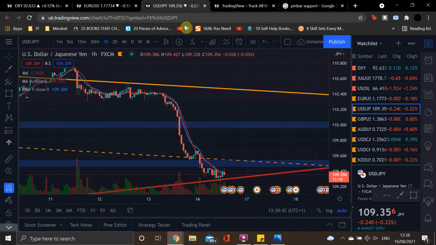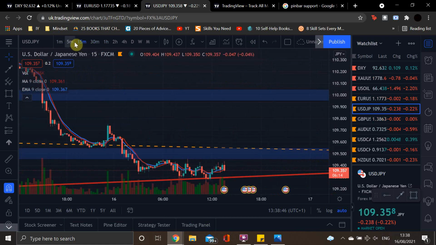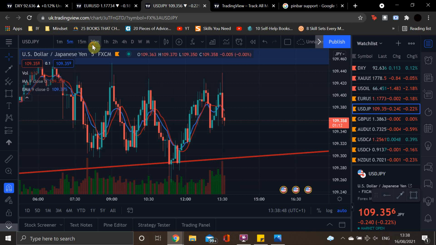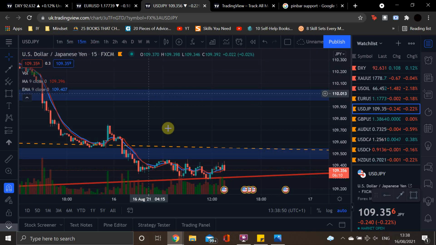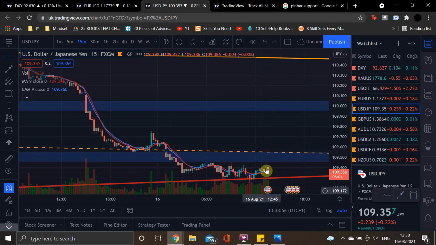Look at what USD JPY is doing. It's still consolidating. If it goes down, it means it's good for the JPY. If it goes up, it's good for US.